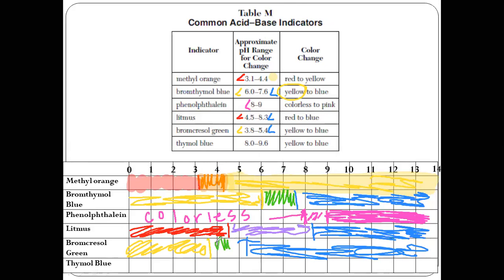Okay, and then same on the last one. So looking at my colors in the chart, less than 8 is yellow. Okay, above 9.6 is blue. And then in between is green.